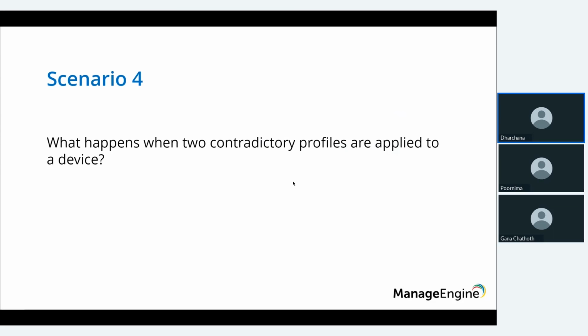If you push these two profiles to the same device, the camera restriction will stay on the device because the most secure policy will take precedence. But when it comes to an Android device, the latest policy will take precedence. So let's say you have applied camera restriction on the first profile and the second profile with camera enabled, when these profiles are distributed to the same device, the second profile will be applied on the device.